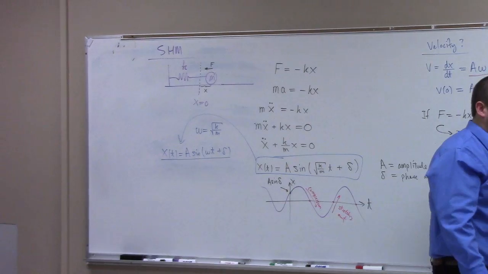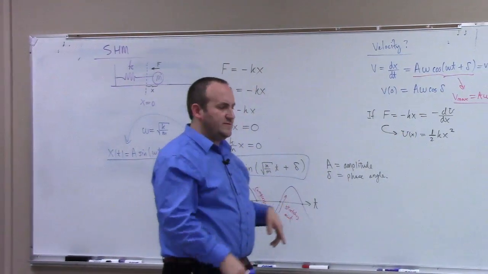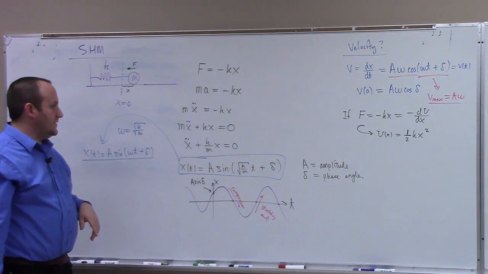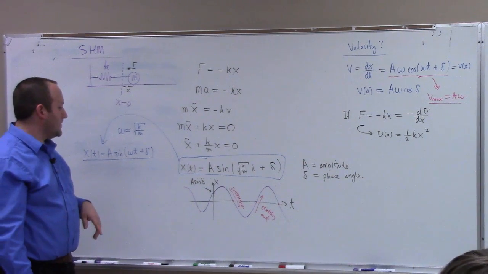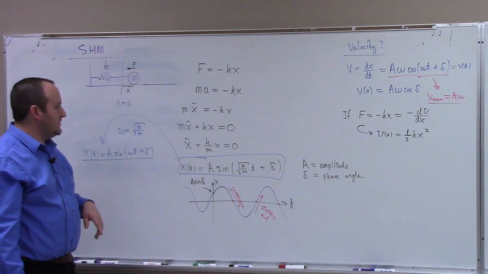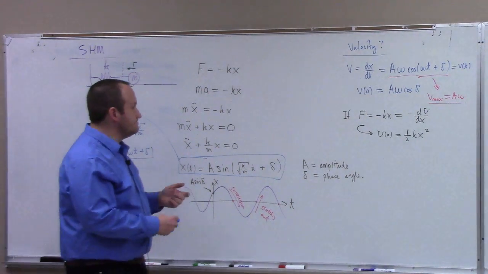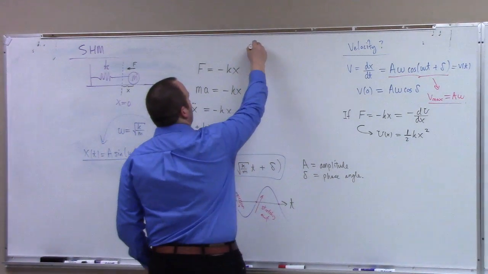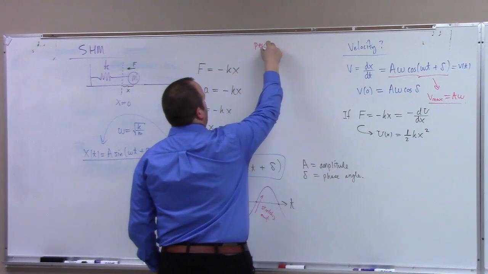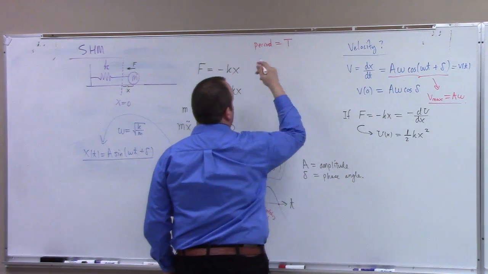And there's a nice picture of that in your book, right? In terms of these little bars and things, if you look at it. There's more I should tell you, though. Some standard language. What's the period of the motion? We usually use a capital T for that.